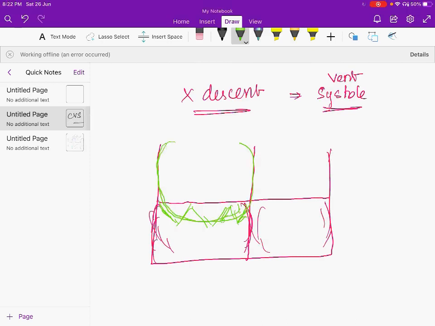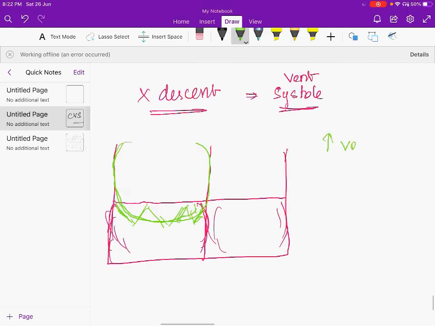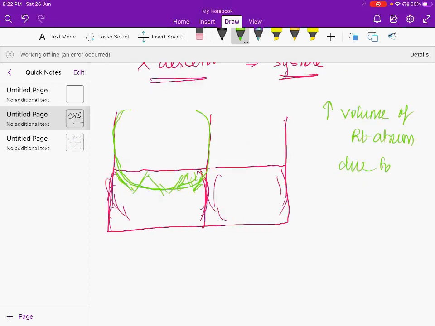So there is increased volume of your right atrium due to downward movement of the floor of your right atrium.